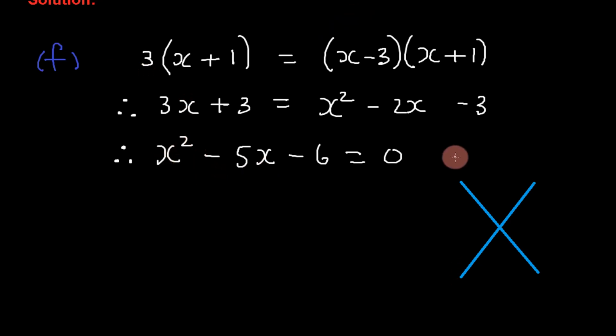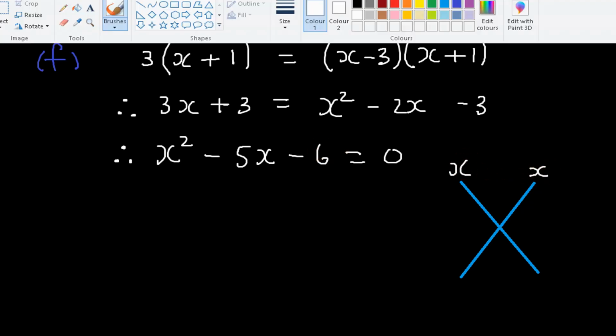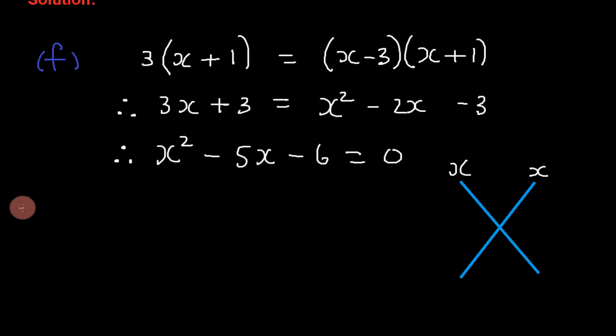So the factors of x squared will be x and x. And we can look at the factors of 6. So it's 1 and 6, and 2 and 3.